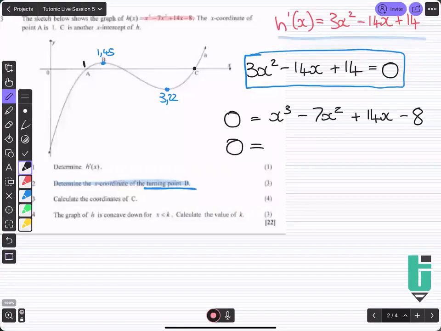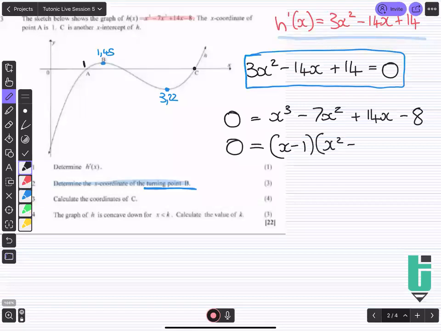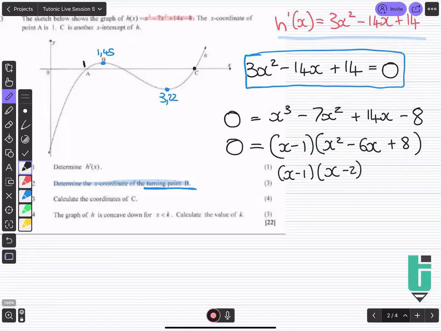Okay. So I'm going to do it my way because I feel like it's faster, but you guys can do it the synthetic way. Plus 6 plus 8. Okay, x minus 1, x plus 4, x minus 2, x minus 4. You get that, Nafisa?